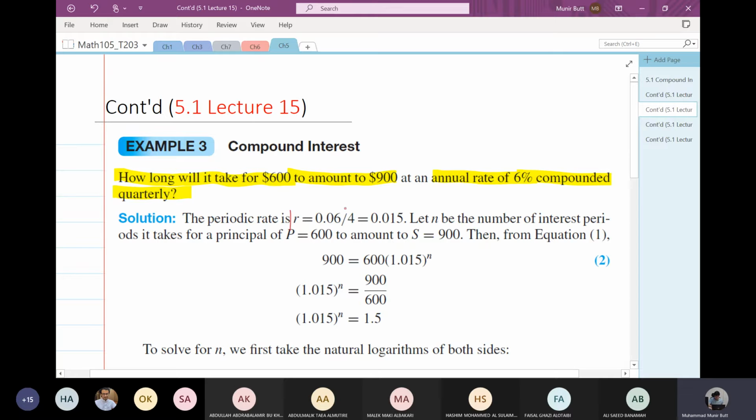If we divide by 4, please listen, we will get a rate of 1.5%. So this is now the quarterly rate. Before it is 6% annually. And we say let n be the number of interest periods that it will take.